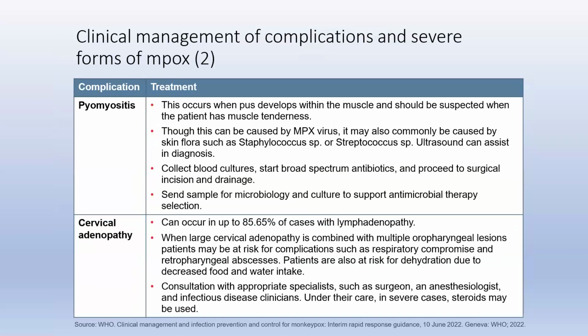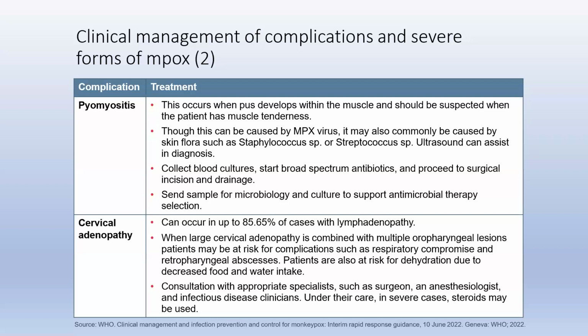Myositis, which is pus in the muscles, should be suspected in patients who have muscle tenderness. As I said, it can be caused by the virus or skin flora such as staphylococci or streptococci. In such patients, you can use ultrasound to assist in the diagnosis.